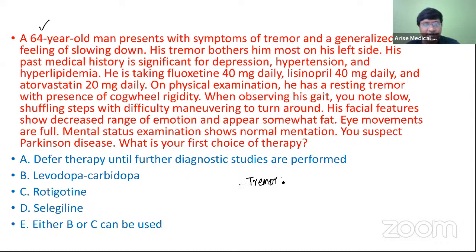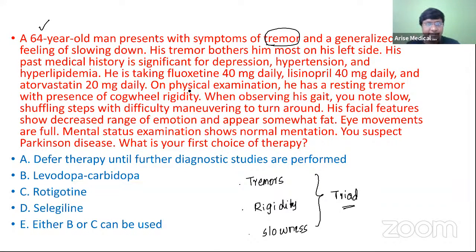There will be the presence of tremors, there will be rigidity, and there will be slowness of movements. You see all the features of that particular triad are there. Tremor is there, rigidity is also there, followed by slowness of the movements in these individuals.